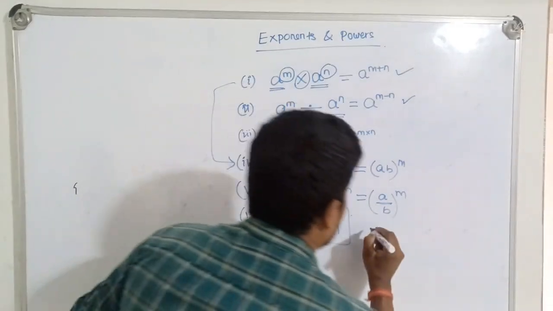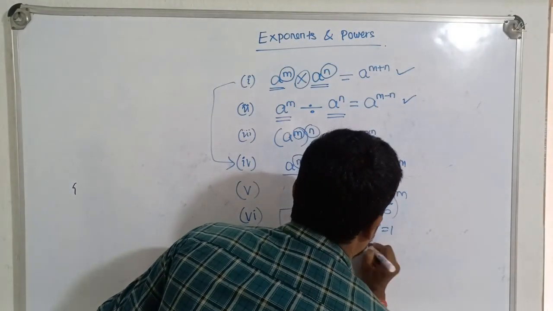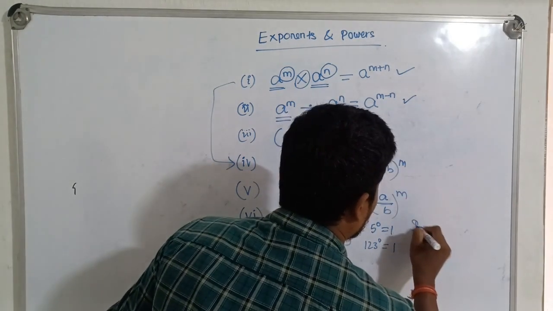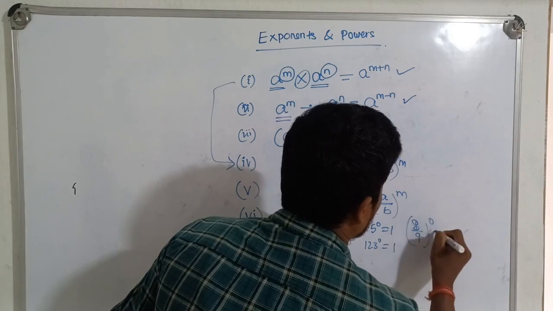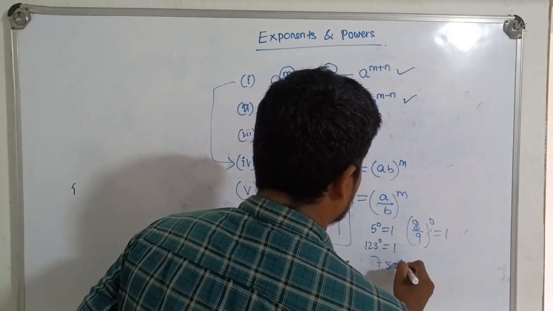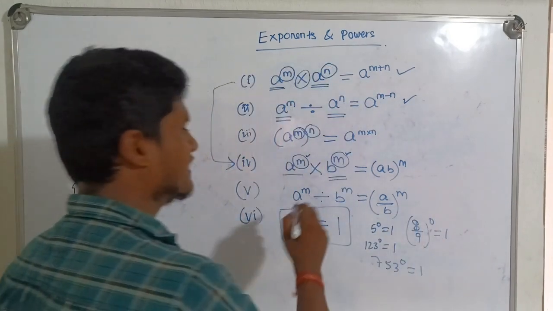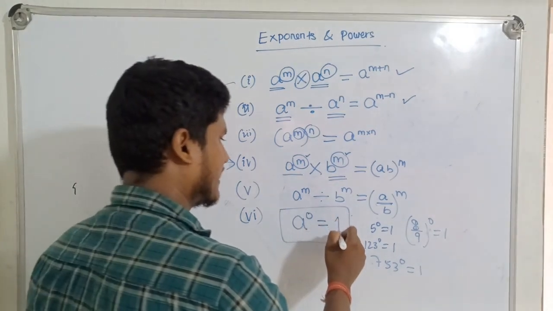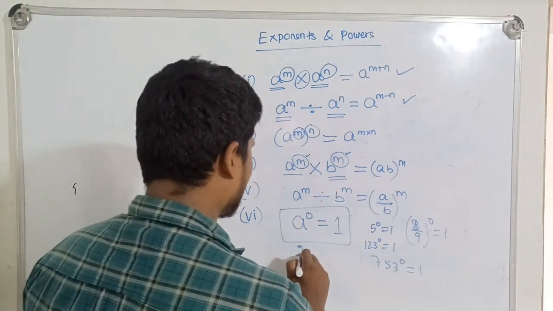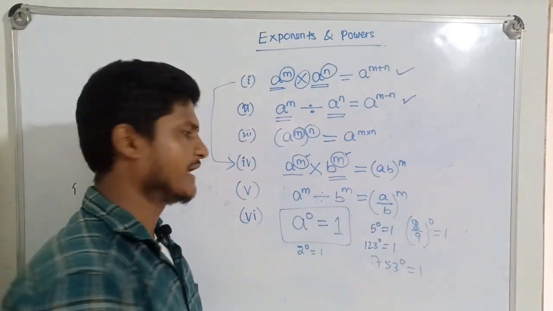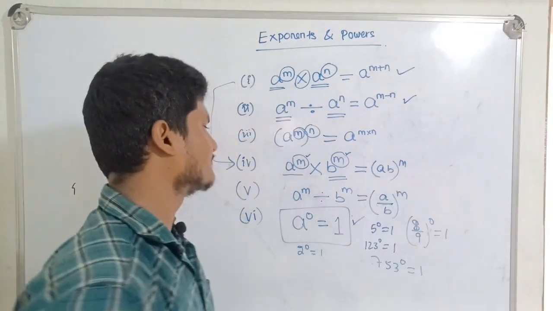So I can write 5 to the power 0 is 1, 3 to the power 0 is also 1, 8 by 9 to the power 0 is also 1, 753 to the power 0 is also 1. Any number's power 0 always gives us 1 as our result. 2 to the power 0 is 1, 3 to the power 0 is 1, 4 to the power 0 is 1.